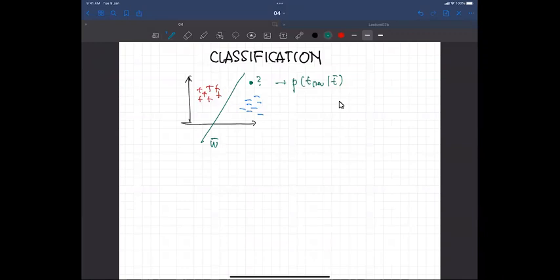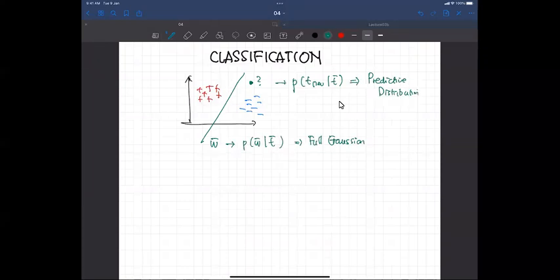Of course, in between, we also want to know P of W bar P bar. So this one is a full Gaussian, as we just discussed, and this one is actually a predictive distribution. So by the end of the first part of this module, we will get as much as possible the predictive distributions for the classification. Okay. So that's the goal.